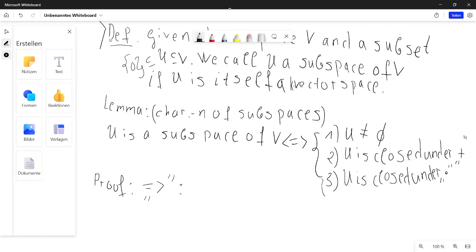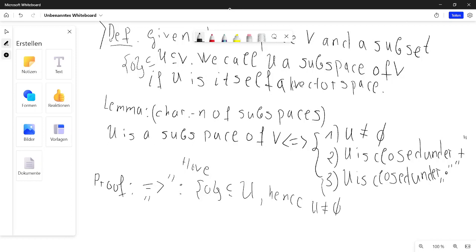Then by definition the element 0 is contained in U, and hence U is not empty.